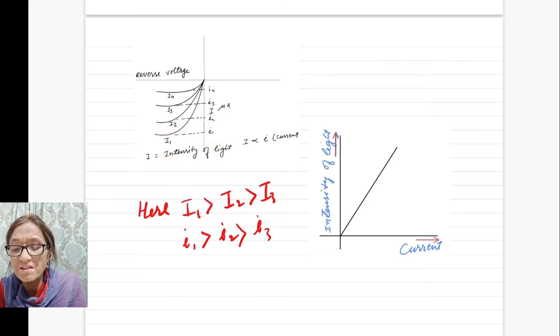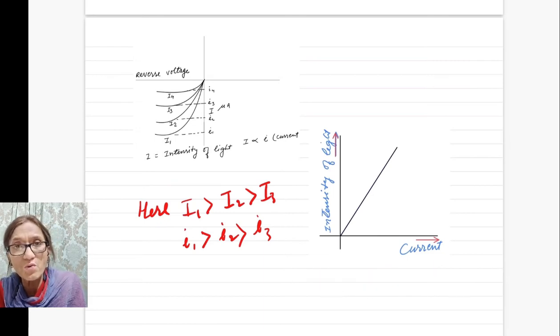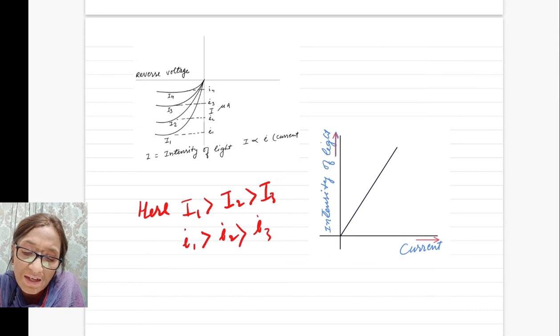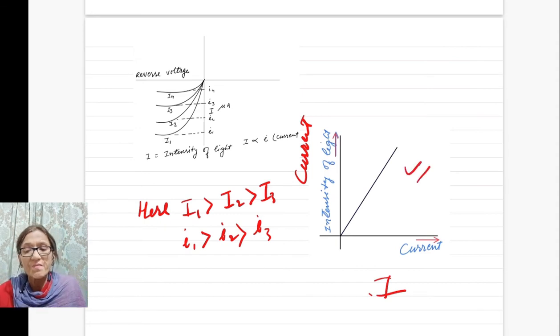So you can say that the intensity of light is proportional to the current flowing through the conductor. Current versus intensity is a straight line because they are directly proportional.